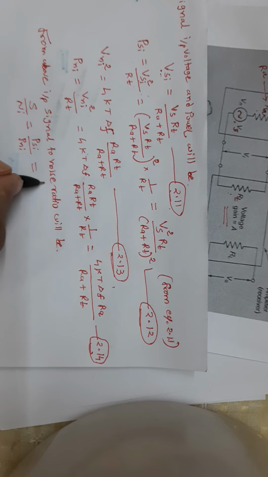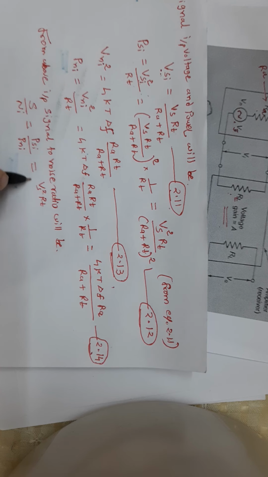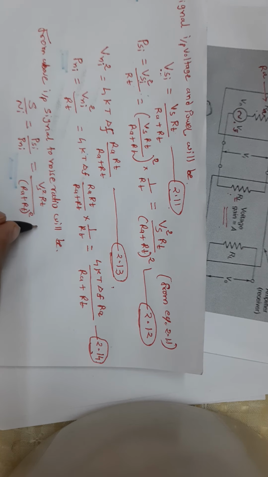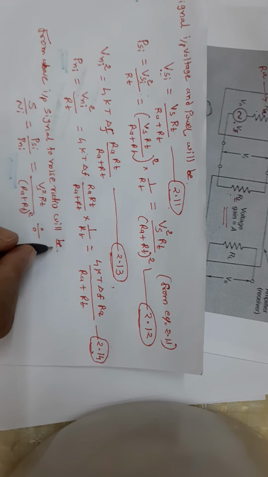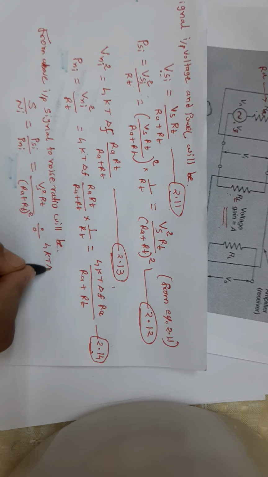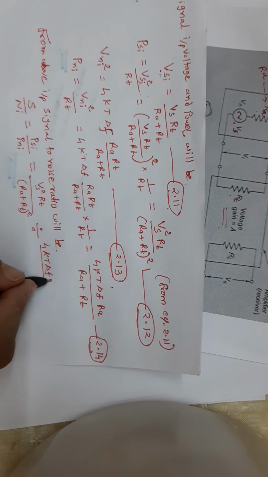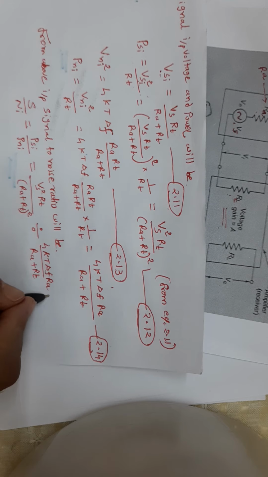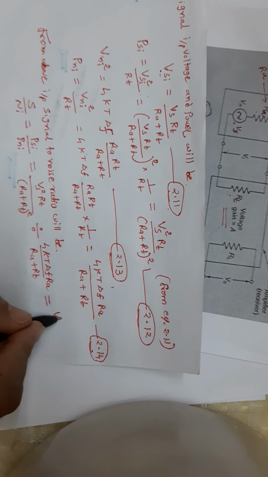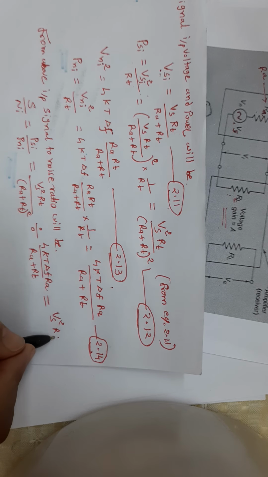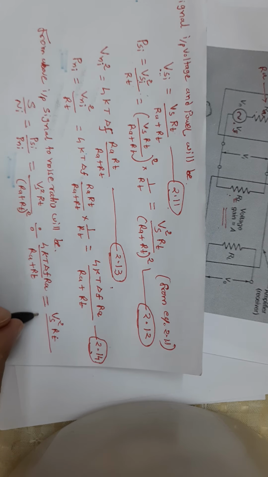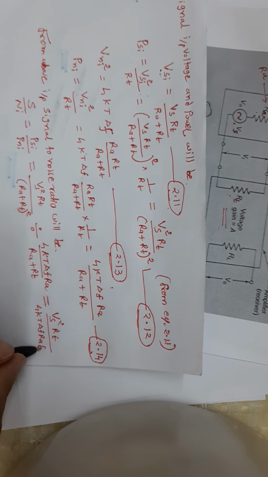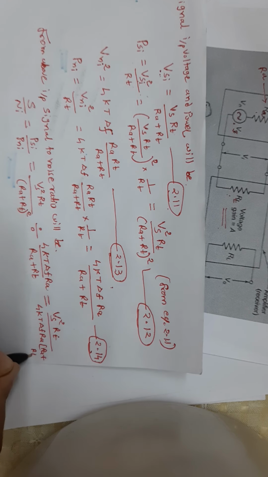It is equal to VS square RT upon RA plus RT whole square, divided by 4 kT delta F RA upon RA plus RT, and this is equal to VS square RT upon 4 kT delta F RA into bracket RA plus RT.